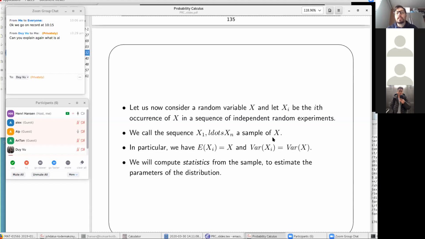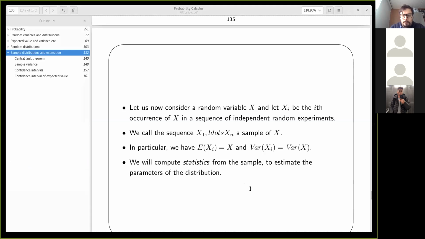So let's now consider a random variable x, and we take a sequence of random experiments.